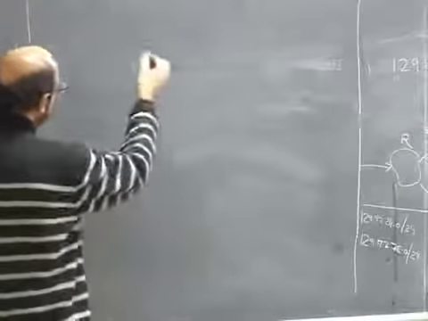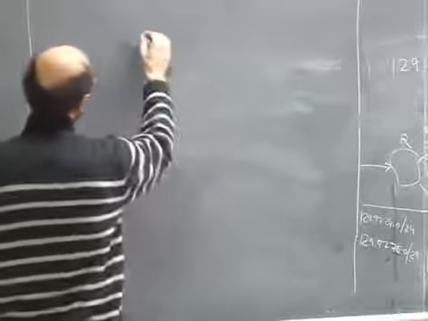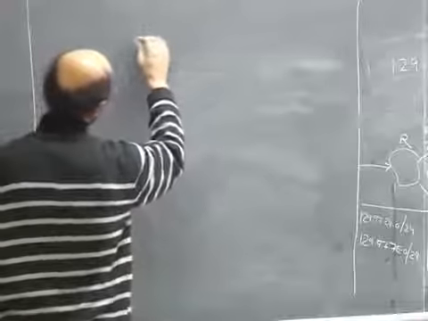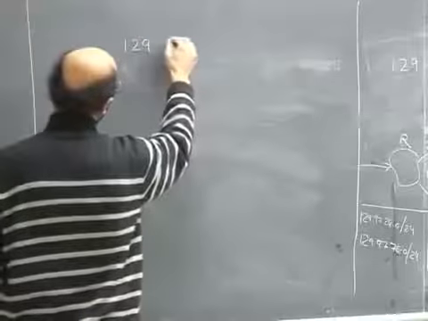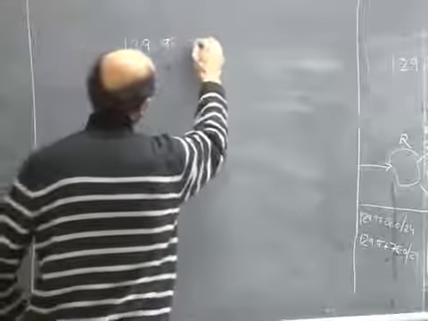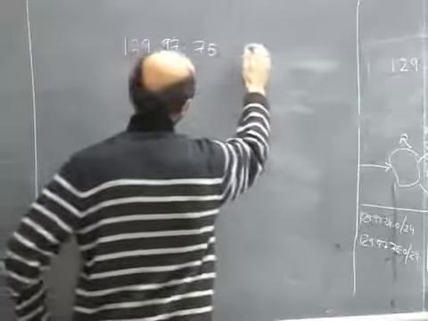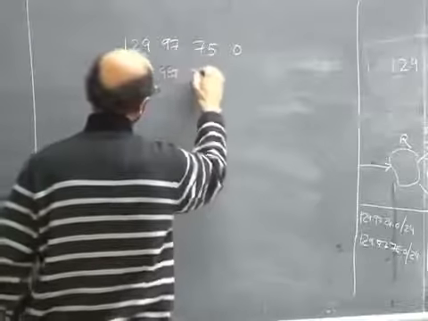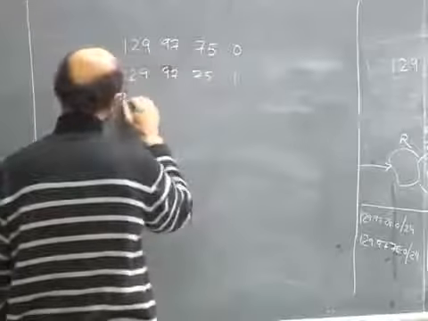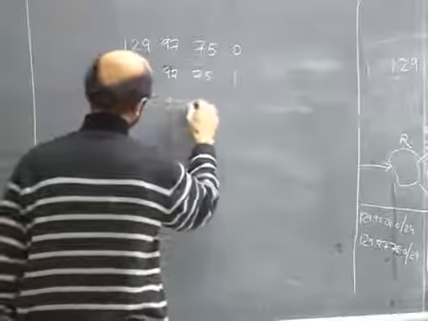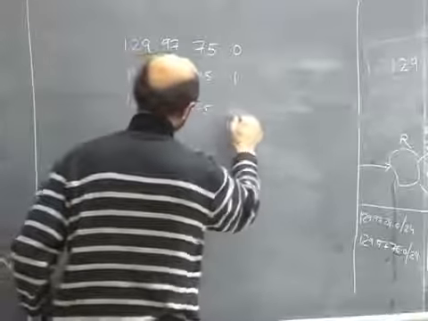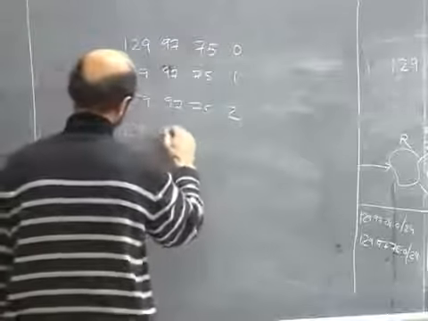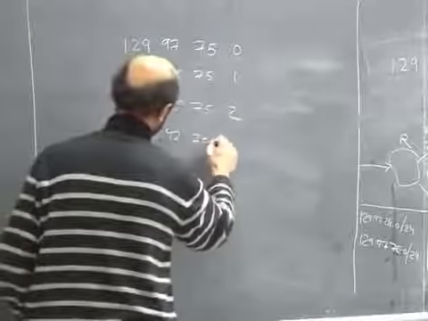So let's take the following 4 IP addresses: 129.97.75.0, 129.97.75.1, 129.97.75.2, and 129.97.75.3.